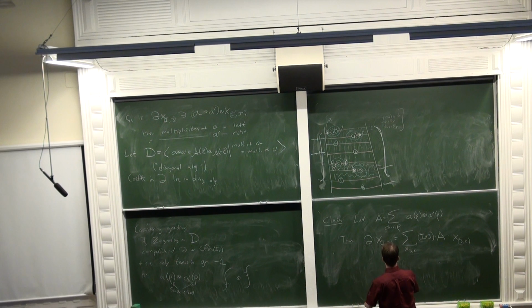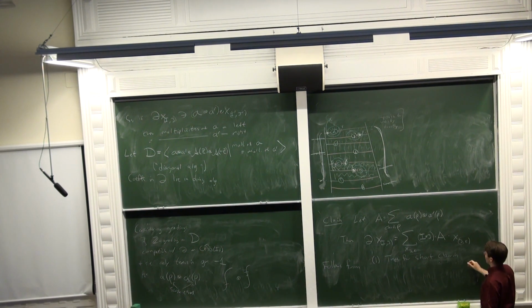Great. This follows from two things. One, check it for short chords. So it's true for short chords. What do I mean by short? I mean the ones that just look like the domains that just look like this.